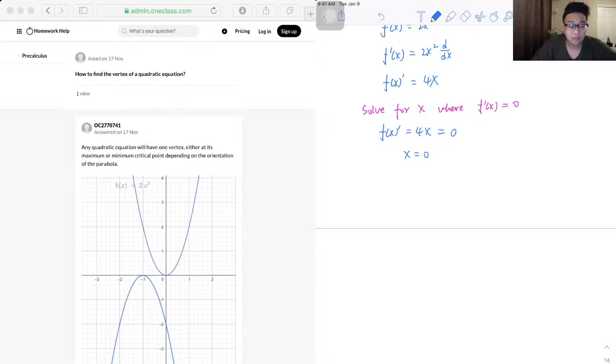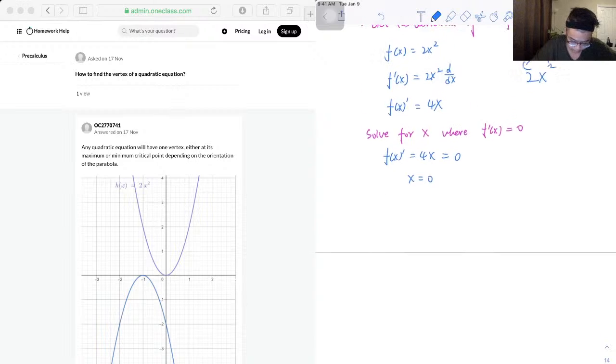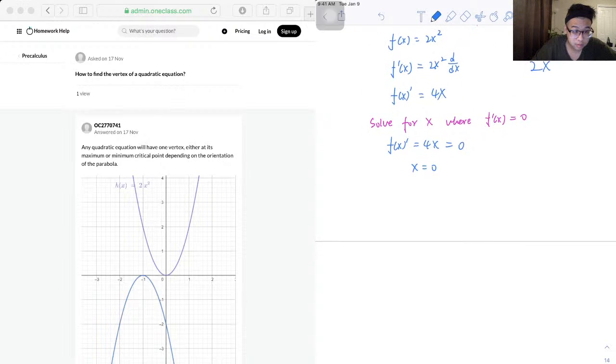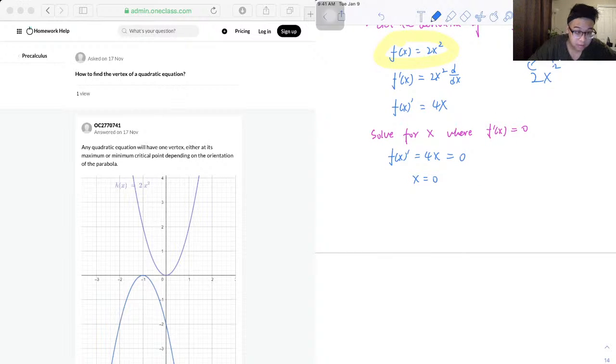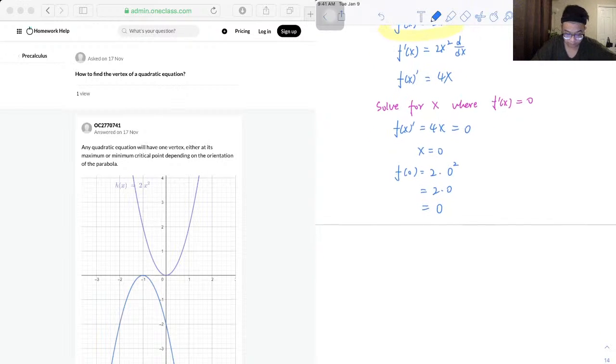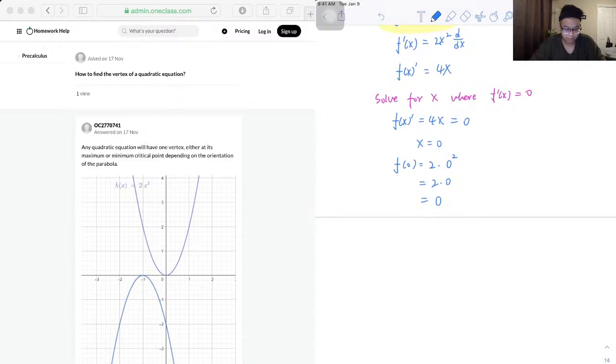And since we now know the x coordinate of the vertex, we just need to solve for the corresponding y coordinate. So we sub this into our original f(x). f(0) is going to be equal to 2 times 0 squared, which is 2 times 0, which is equal to 0.